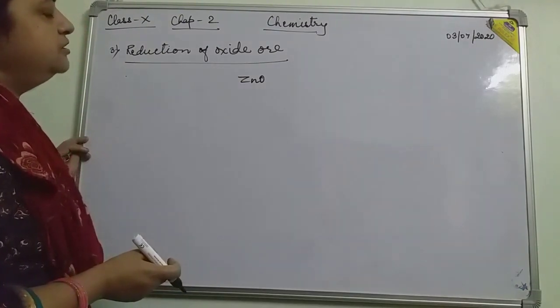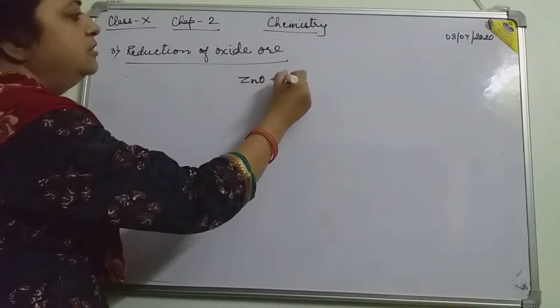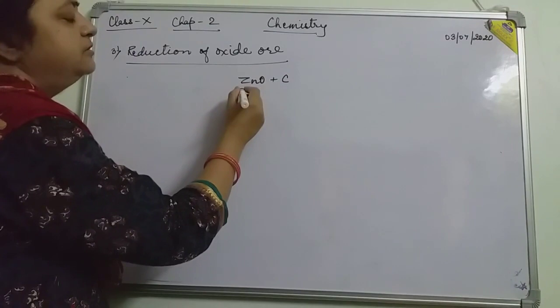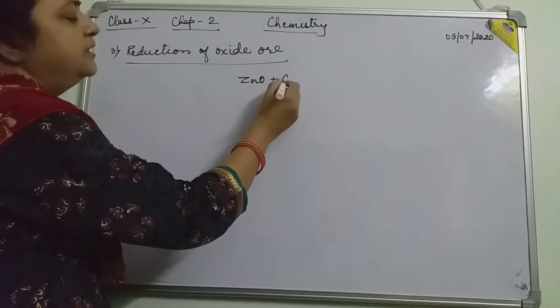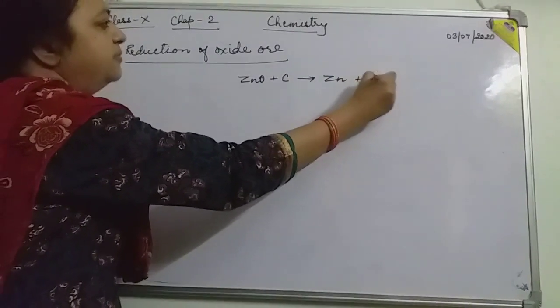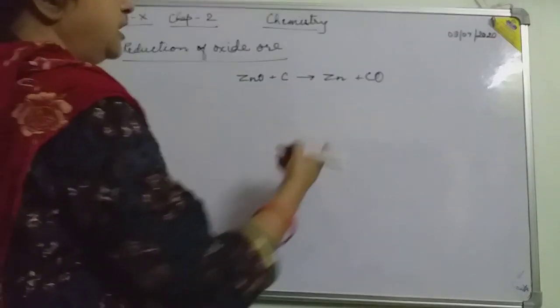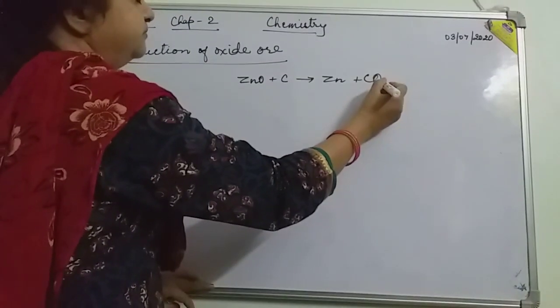After calcination and roasting, we use a reducing agent. For example, zinc oxide is reduced by carbon to form zinc plus carbon monoxide, or carbon dioxide as well.